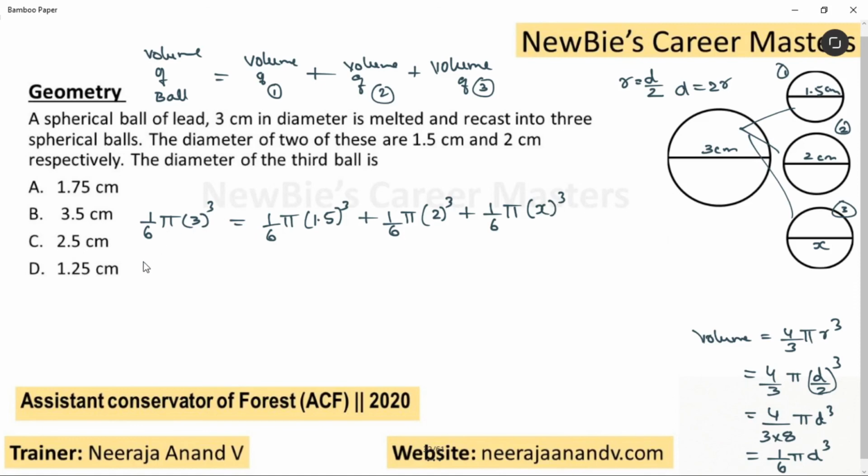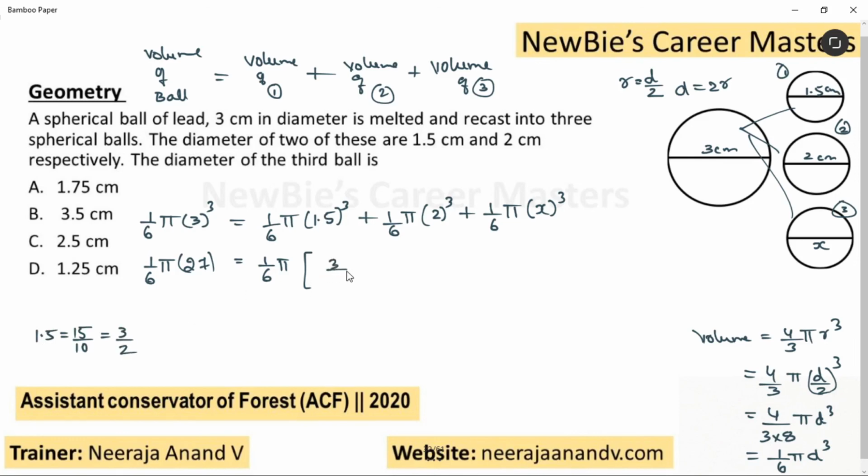Now, very simple. 1 by 6 pi. What is this number? 27 is equal to, let's take 1 by 6 pi common from these 3 numbers. We can rewrite this 1.5 as 15 by 10. We can reduce this to 3 by 2.